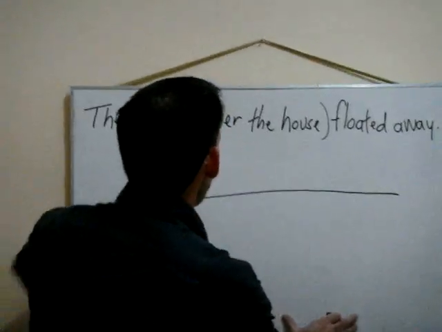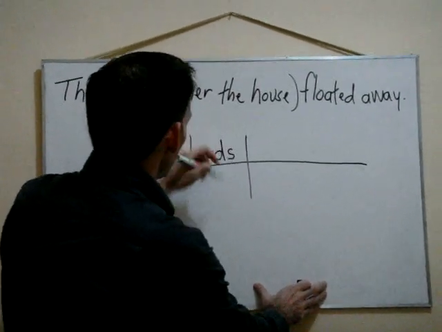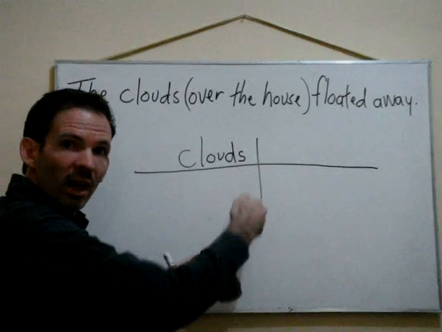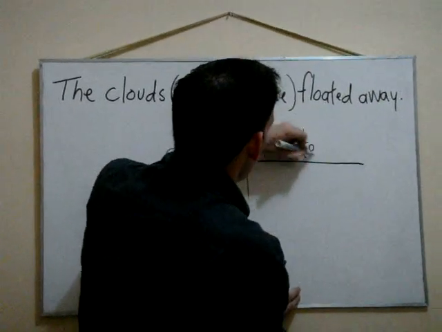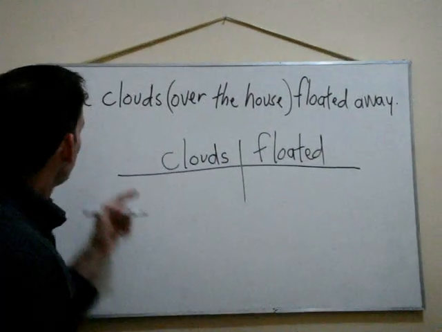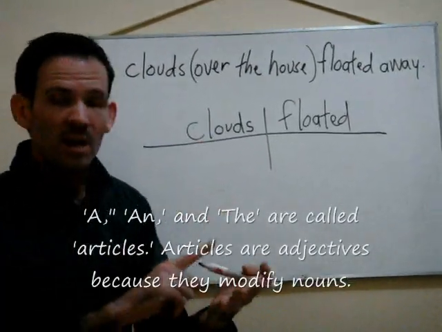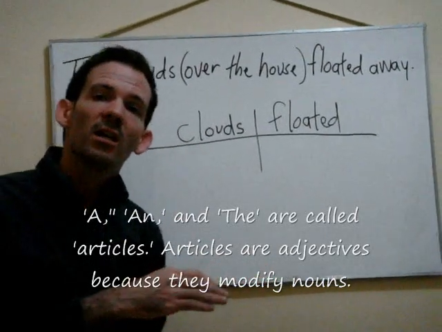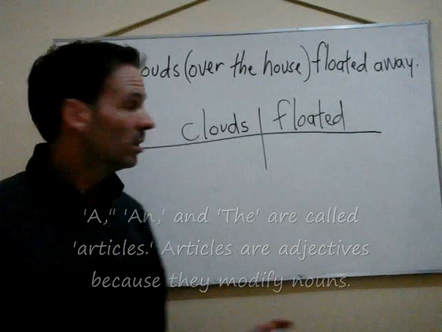So let's draw our baseline, and the subject is clouds, so it goes on this side of the dividing line, and our verb goes on the other side. Remember that articles, a and the, are helping to describe or tell more about a subject.